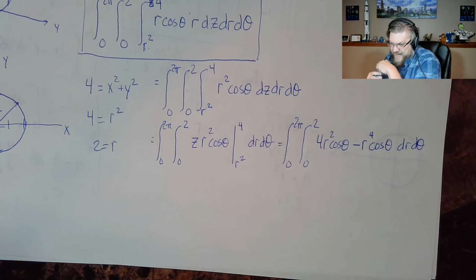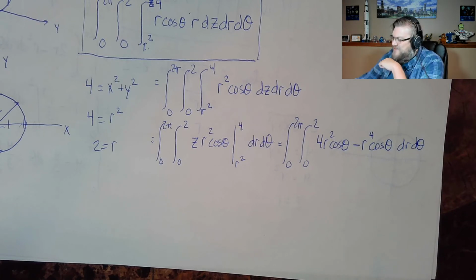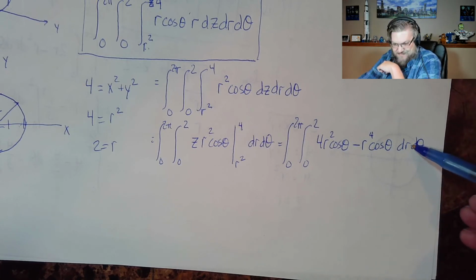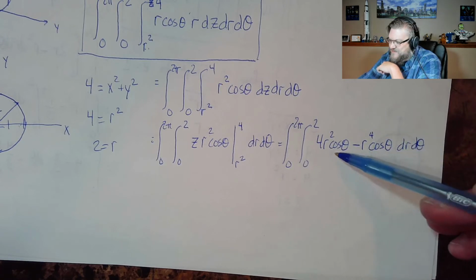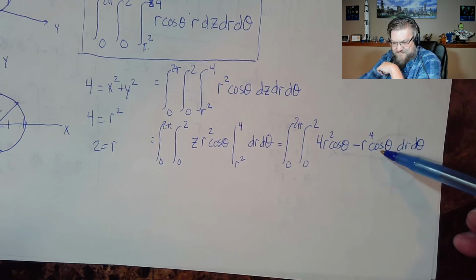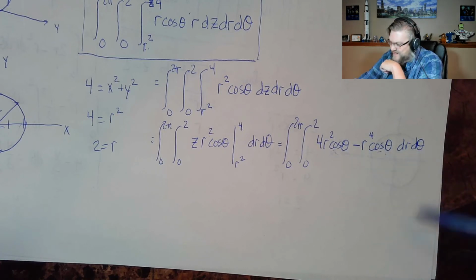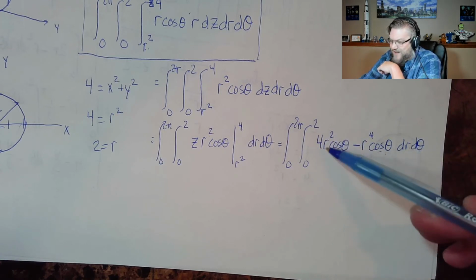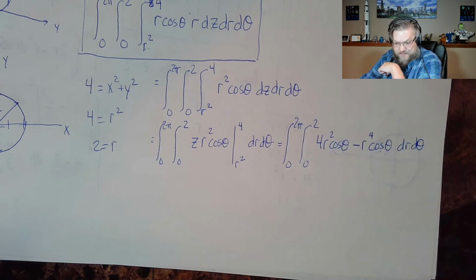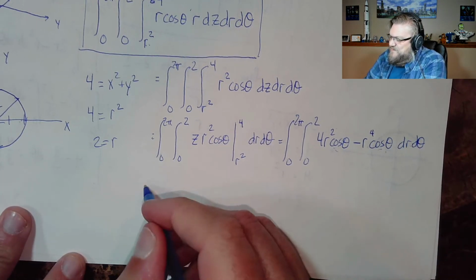Now this looks really nasty, right? This looks really bad. But remember, I am integrating with respect to a single variable r. And so cosine is treated like a constant. So I'm not actually integrating these trig functions yet, right? I'm still just integrating r. And r is just r squared and r to the 4. So even though it looks really nasty, it's not actually too bad, right?